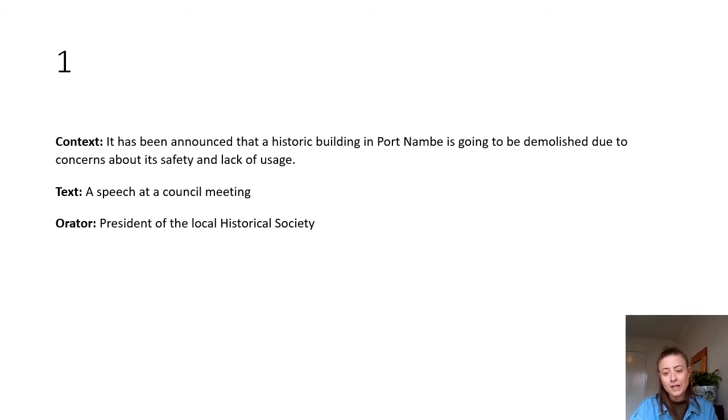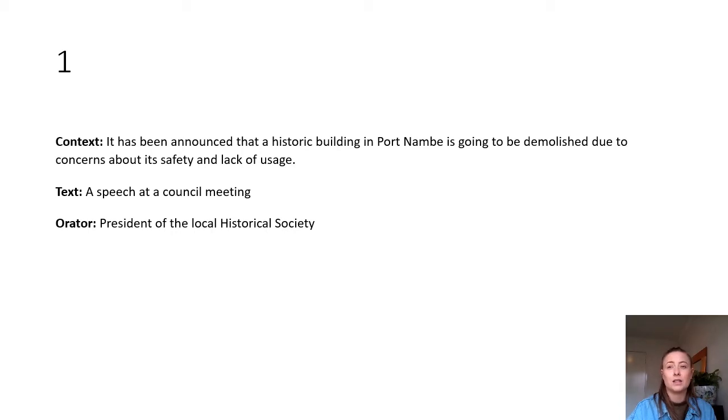It's a speech at a council meeting. So I'm already thinking that the audience is going to have council members on it. These are educated people who understand building laws and codes and things like that, as well as residents of the community who will be attending.